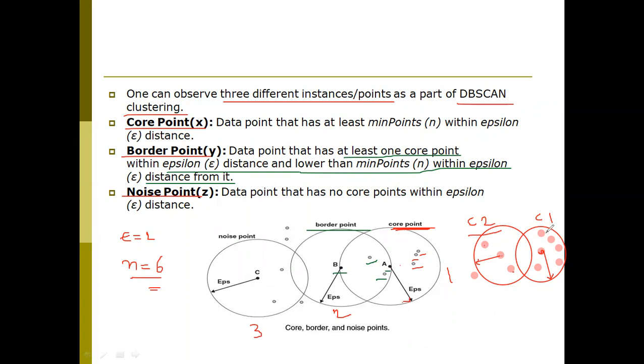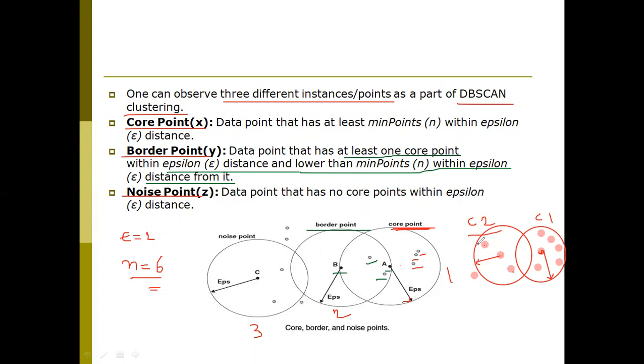Already we have one core cluster C1, but does any data point of C1 belong to C2? No. So that's why C2 is not a border cluster, because it doesn't have any data point of a core cluster or core data point.